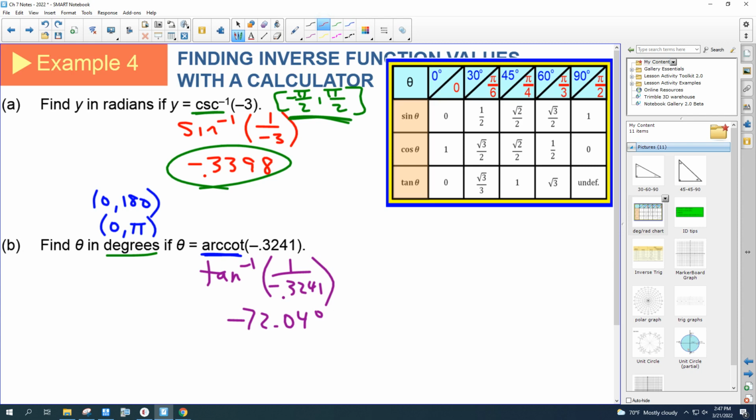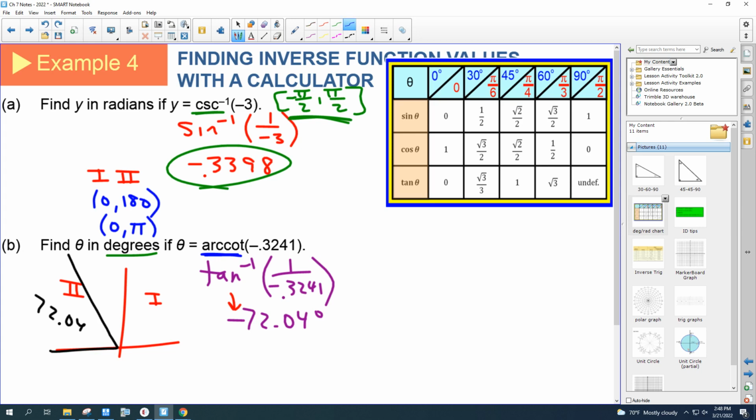0 to 180 tells me that this is defined in quadrants 1 and 2. So what you would do is you would say, well, there's only 1 and 2. There is no 3 and 4. This negative isn't really a negative. This negative is telling me I have to be in quadrant 2. So what I've really got is a 72.04 angle in the quadrant that makes it negative.